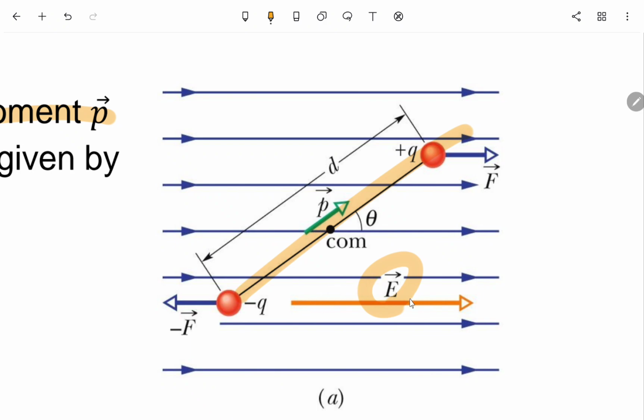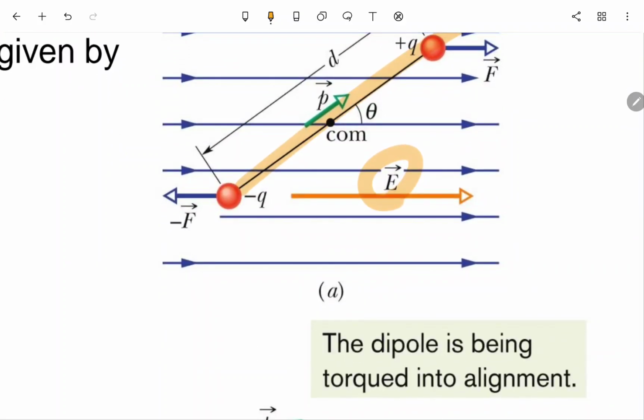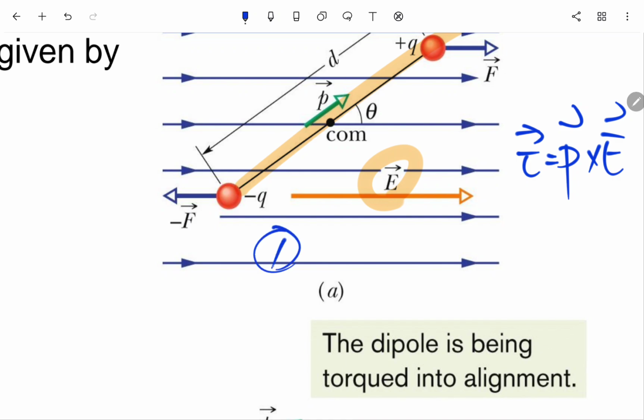Using the cross product, you use the forefinger pointing along the first vector, which in this case is P, because we are considering tau equals P cross E. P is pointing to the top right, and then you cross to the second vector, E, pointing to the right side. So the thumb will be pointing into the page. In that case, tau is pointing into the page.